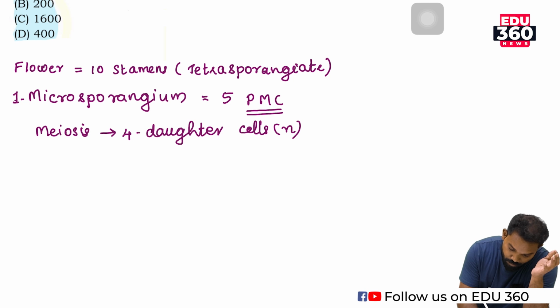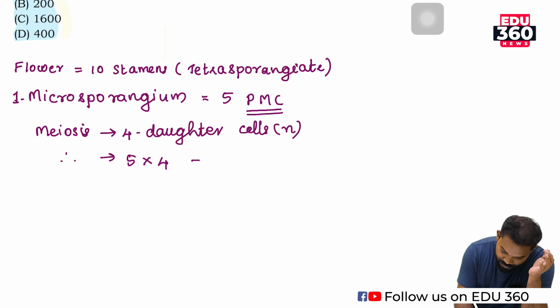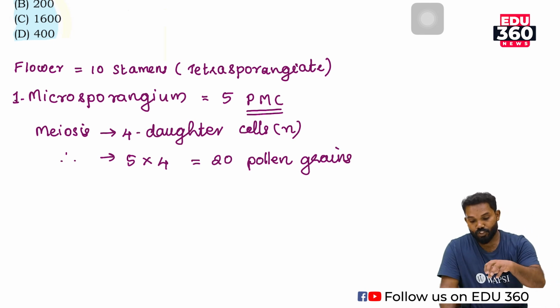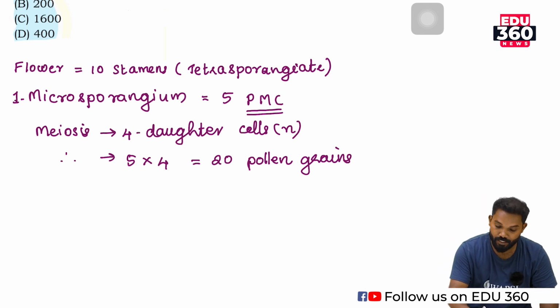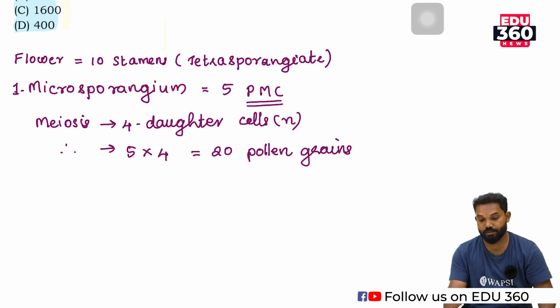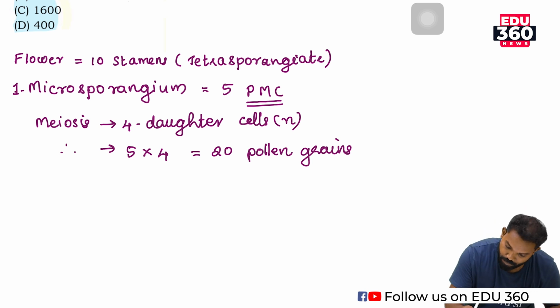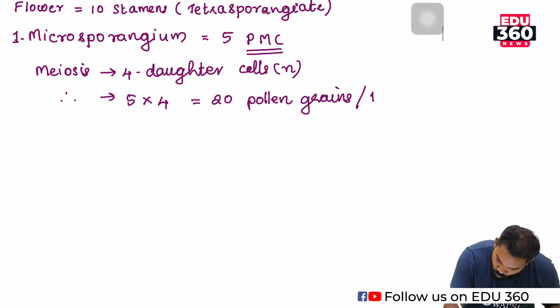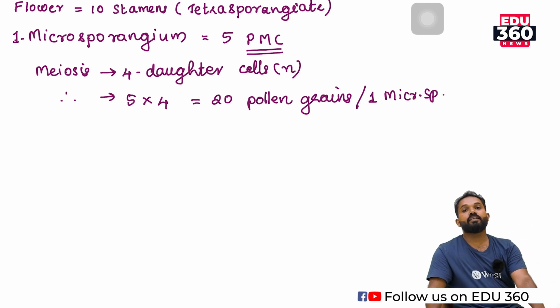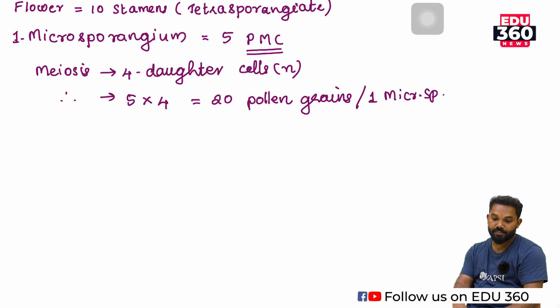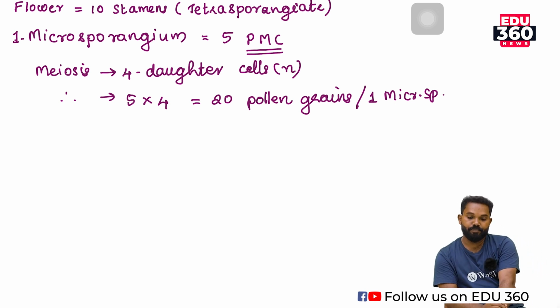If 5 pollen mother cells are present, obviously it produces 20 pollen grains. 20 pollen grains are produced per 1 microsporangium. Each sporangium has the ability to produce 20 pollen grains.